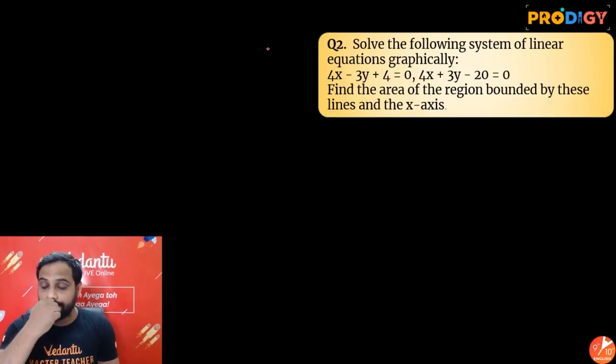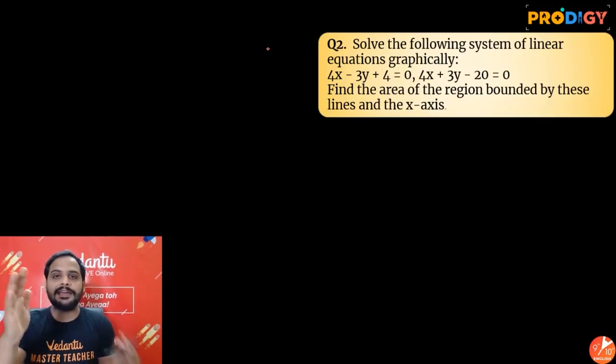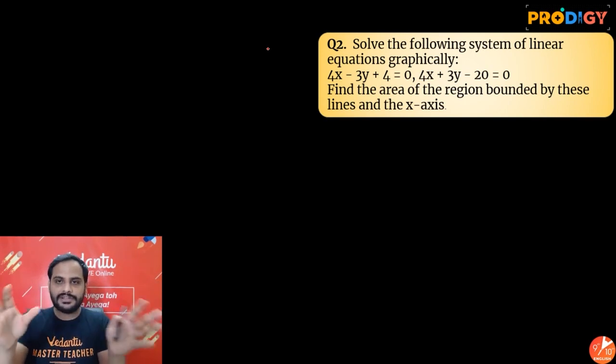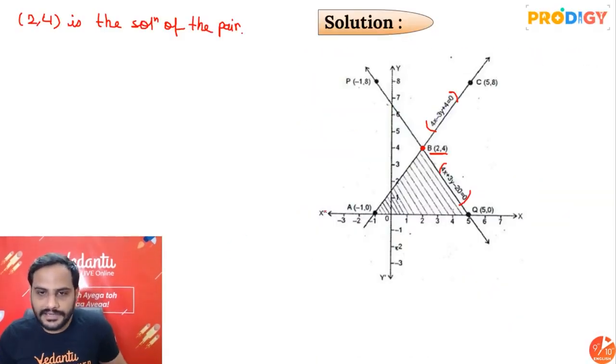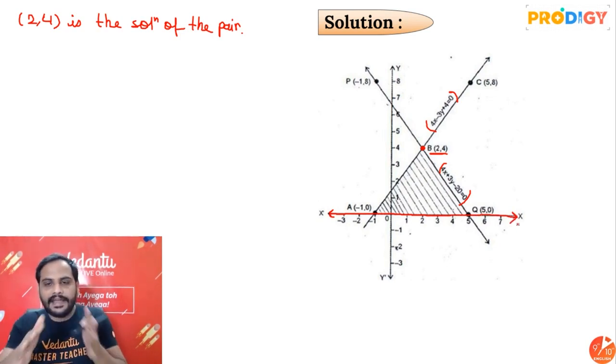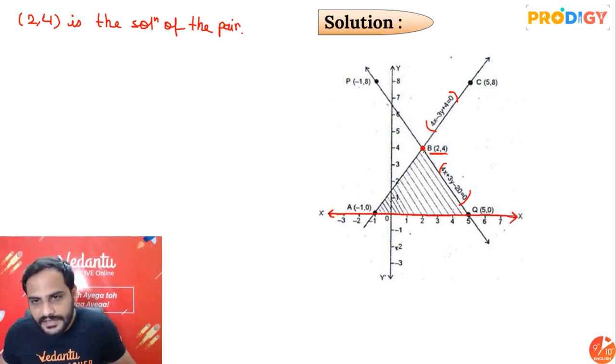The question is asking to find the region bounded by these two lines and the x-axis. So beta, you can clearly see this is my x-axis. Between the x-axis and these two lines, this is the area bounded.